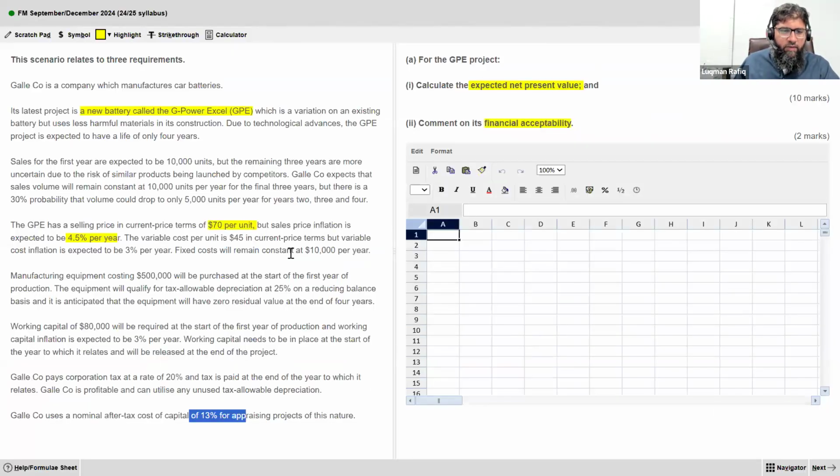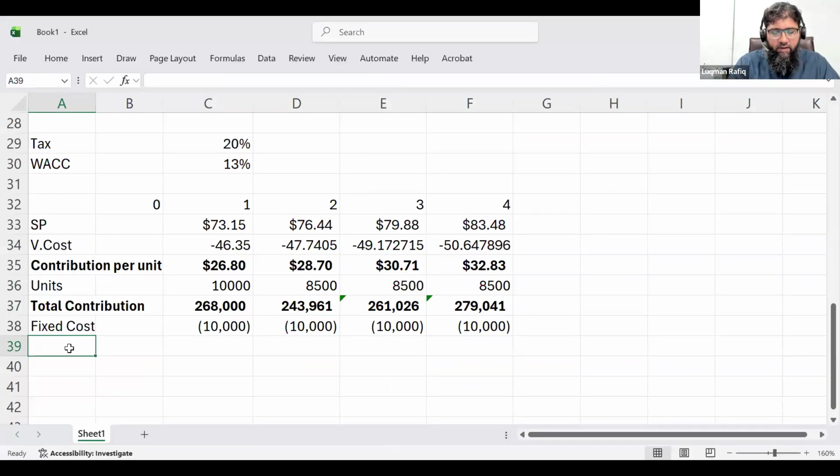Now, when we have a fixed cost, the next thing we have to do is that there are two ways of handling it. Now, what are we going to do with respect to it? Let's try understanding.